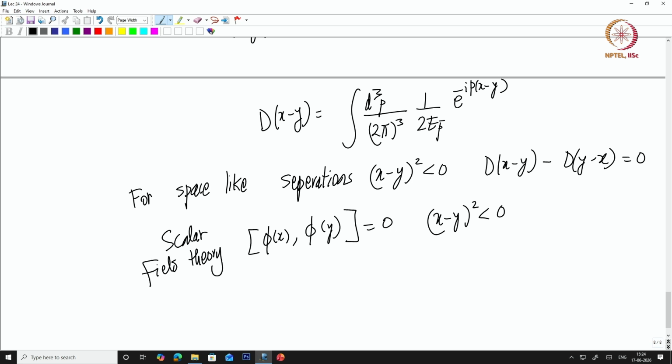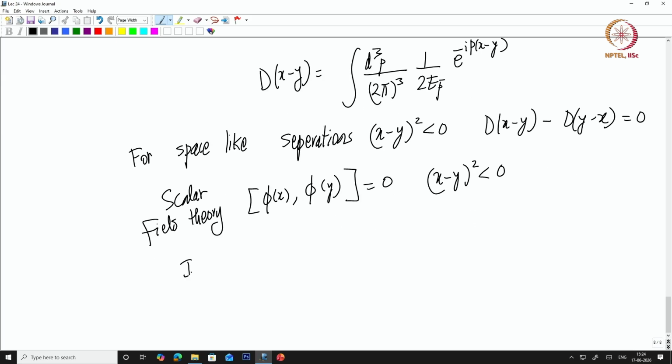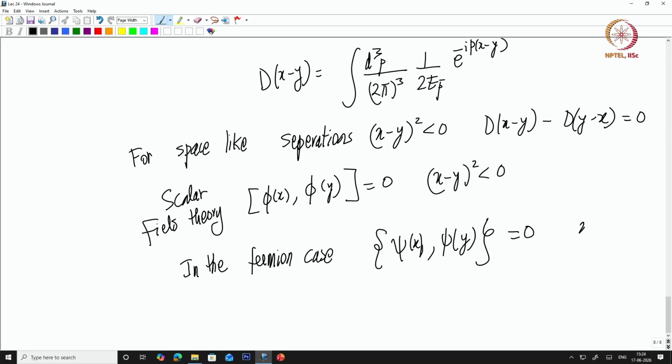So in scalar field theory, we said it should vanish for space-like separations, outside the light cone, and that this theory was also causal. But in the fermionic case, instead of commutators, we have the anti-commutator of psi of x and psi of y equal to 0 for (x minus y) squared negative.